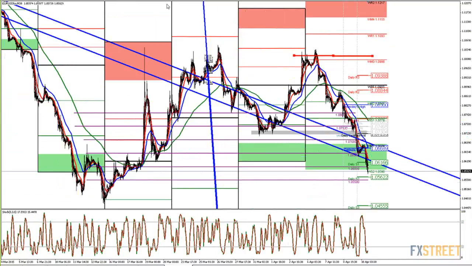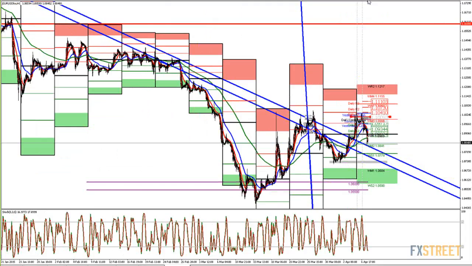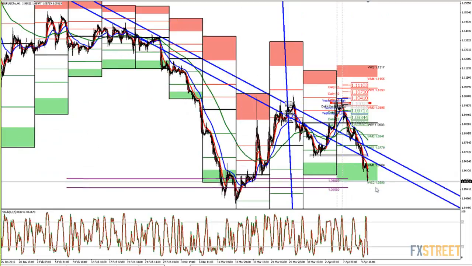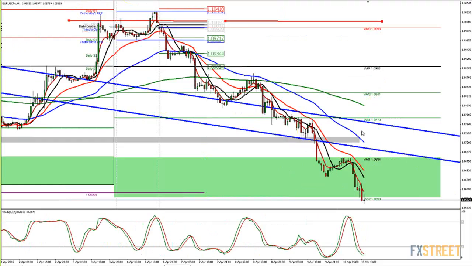So this is a Euro USD, and we're just chugging along here, doing everything we're supposed to be doing. Nothing too complicated. We're at a support zone. We're just breaching 106. Well, it's one of these things where I can't sell and I don't want to buy.